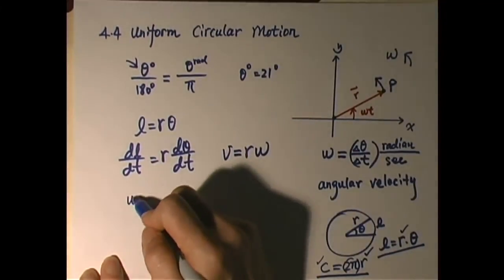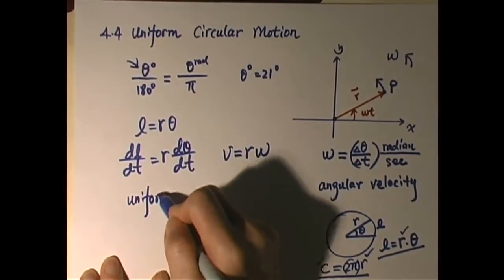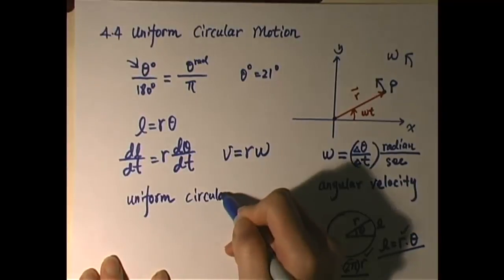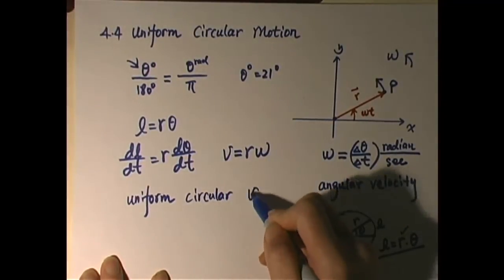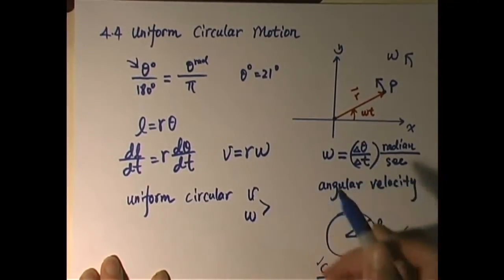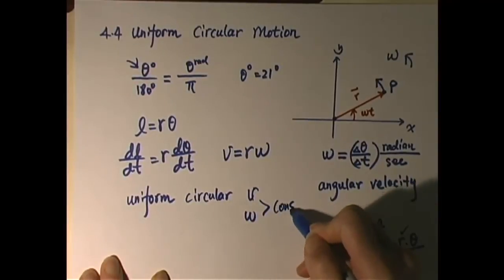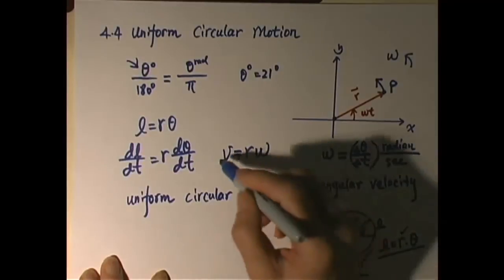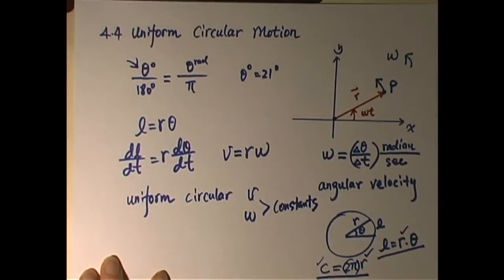So when we have uniform circular motion, v is constant and omega is constant, so both are constant, and both are related in the equation v equals r omega.